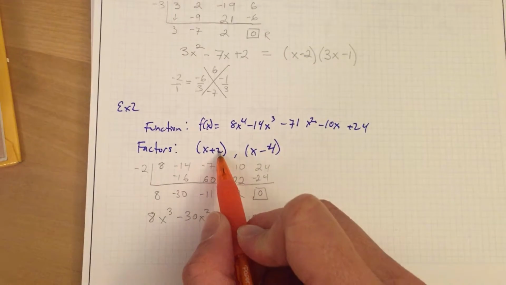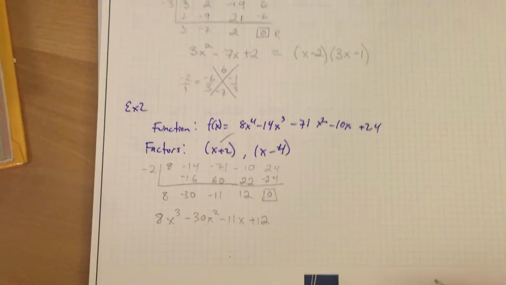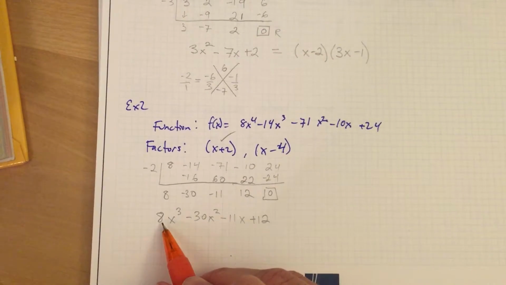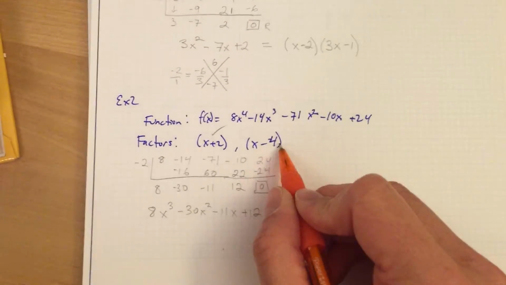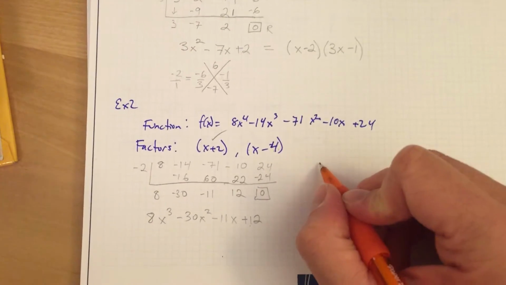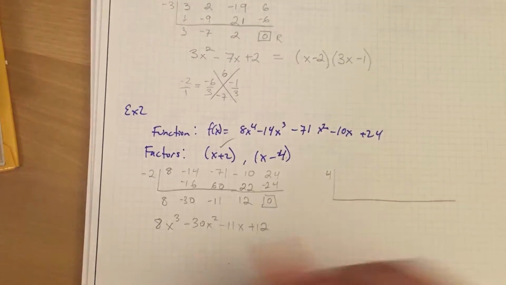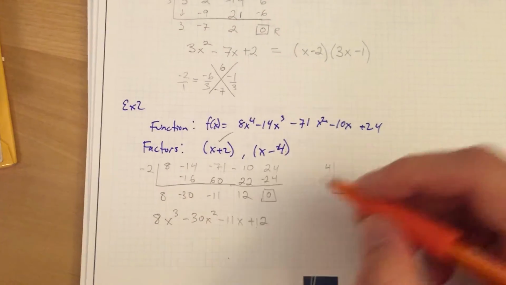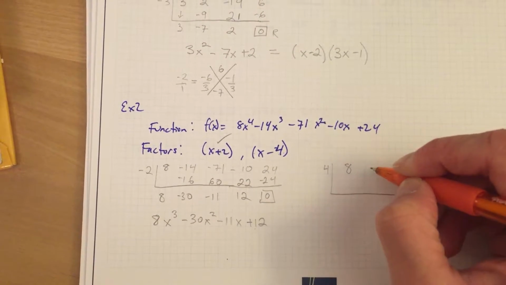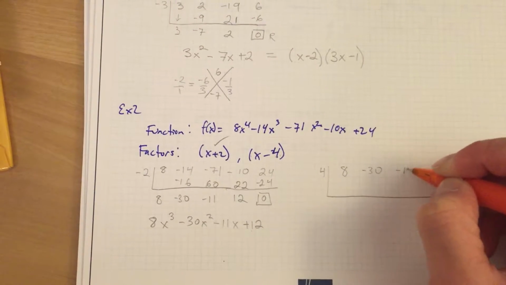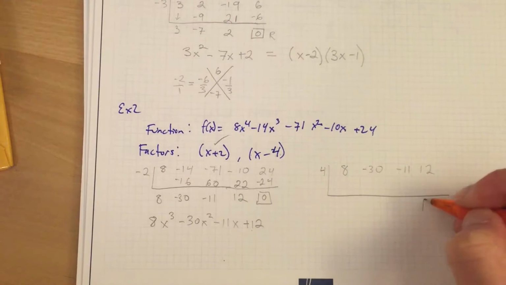Now, we already know that this was our one factor, so we've already done that, put a little check mark. So now what I'm going to do is I'm going to use these new coefficients and my new factor. So if I set that equal to 0, I get 4. And 8, negative 30, negative 11, and 12.